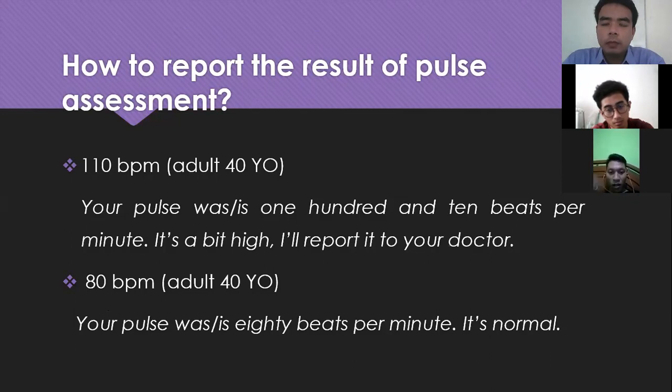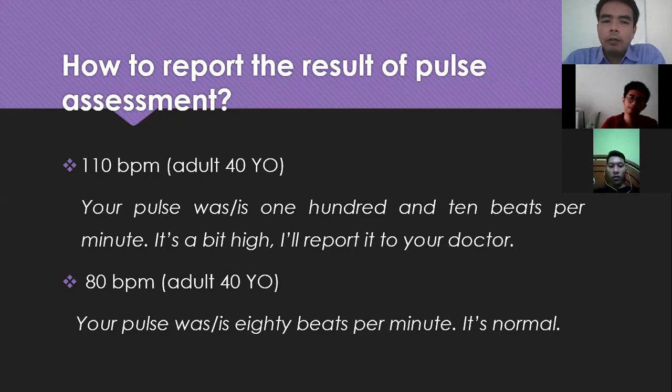It's normal. Right. So my suggestion is you have to know the normal range of pulse based on the age category. For example, 110 for an adult 40 years old. Is it normal or not normal? This is a bit high.